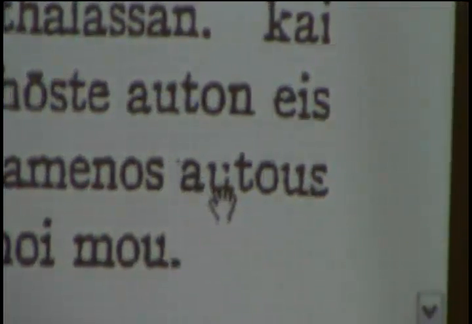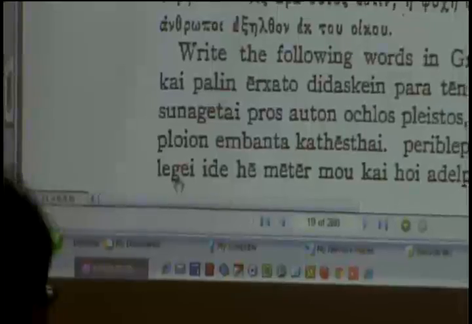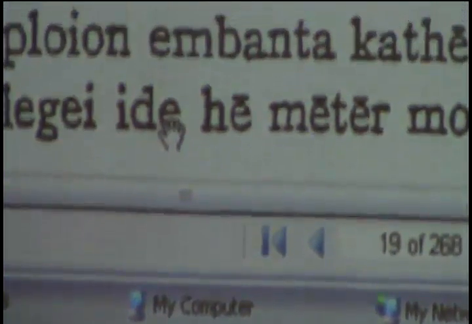Then obtuse, which is alpha, epsilon, tau, omicron, epsilon, sigma. And lege, which is lambda, epsilon, gamma, epsilon, iota. And ide, which is iota, delta, epsilon.